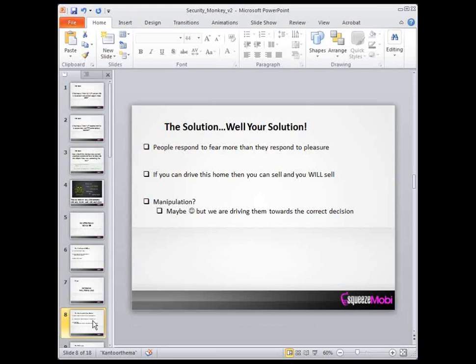So if there's one thing you can walk away with, it's that people respond to fear and pain much more than they respond to pleasure and gain.